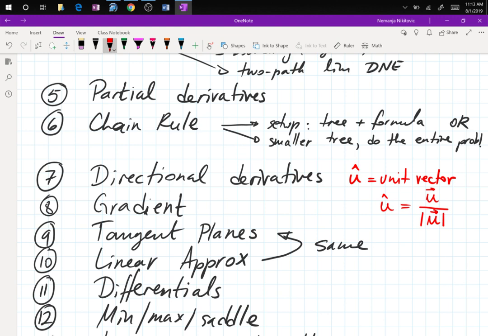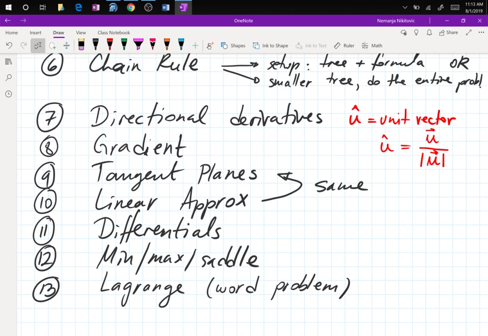Gradient, very simple, right? It's just a vector of partial derivatives, whether it's 2D or 3D. Tangent plane, memorize the formula. You can know explicit only, or implicit only, but you can do explicit as well. Linear approximation, same deal. Differentials, again, a formula.